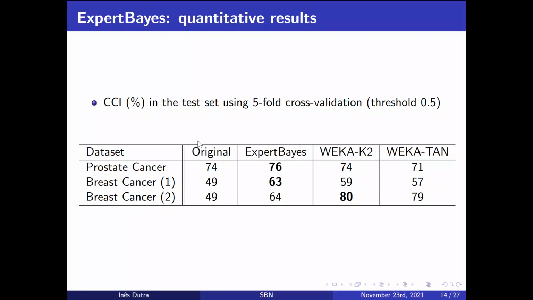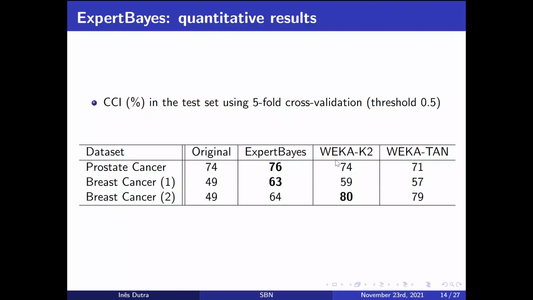These are the correctly classified instances for the 5-fold cross-validation, where for prostate cancer and for breast cancer, we have the original network with this accuracy, and we have ExpertBayes with that algorithm where we remove edges, revert edges, remove nodes and so on, with this accuracy.